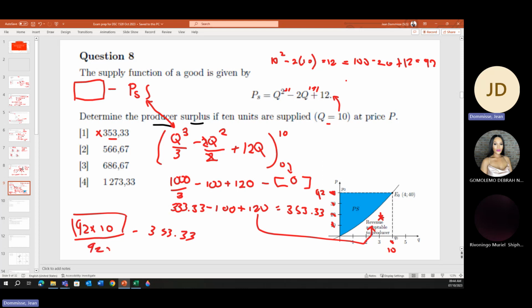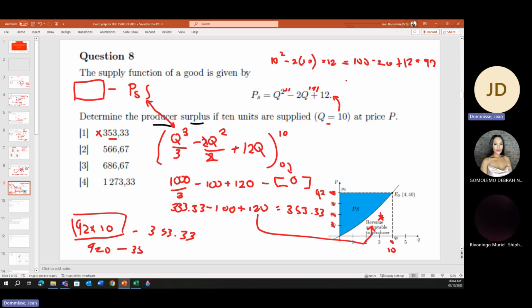So 920 minus 353.33 is 566.67, which is option 2. Okay, not a short process, not an easy process. Lots of things that you needed to do.